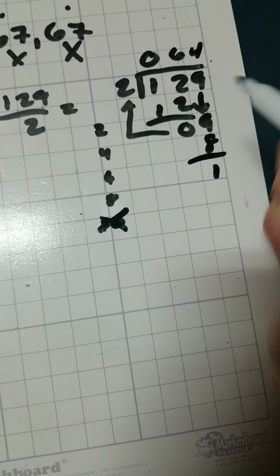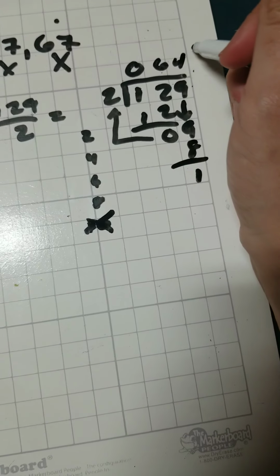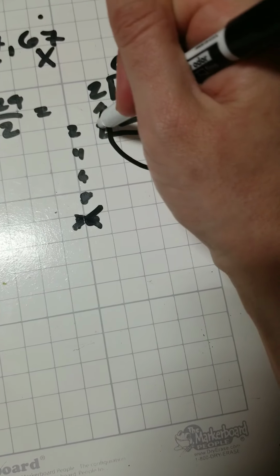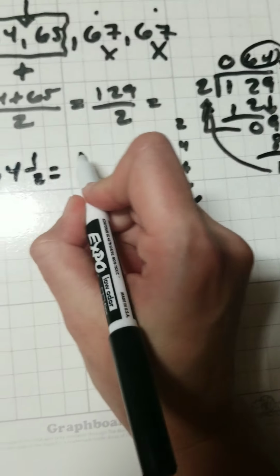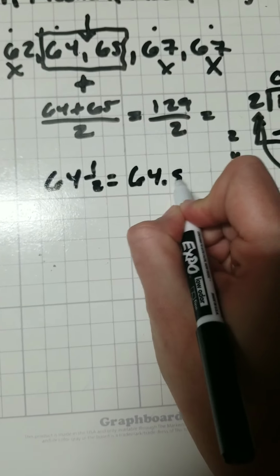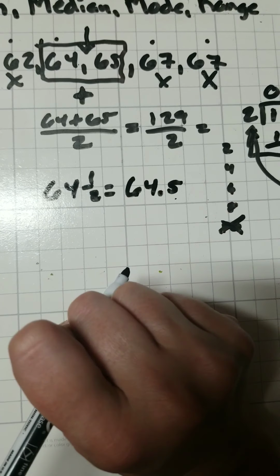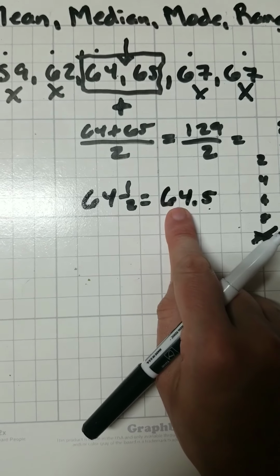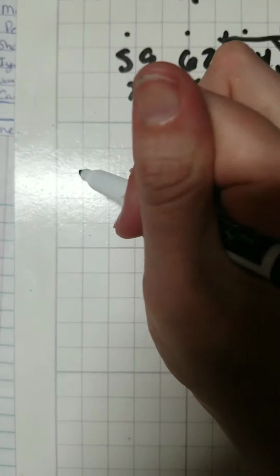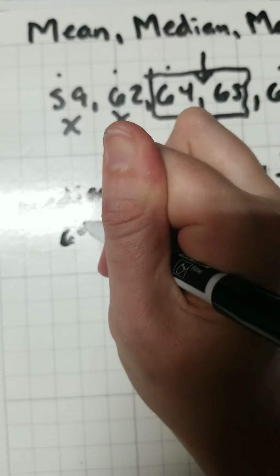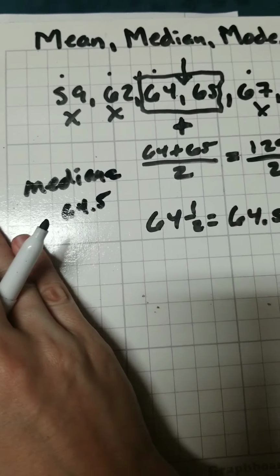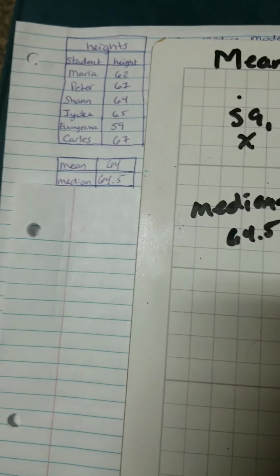That leaves me with 1. So my answer is 64 and 1/2. Or I can convert that to a decimal by saying 64.5, because half of a dollar is 50 cents. So my median is 64.5. So in my table, below the mean, we have the median is 64.5.